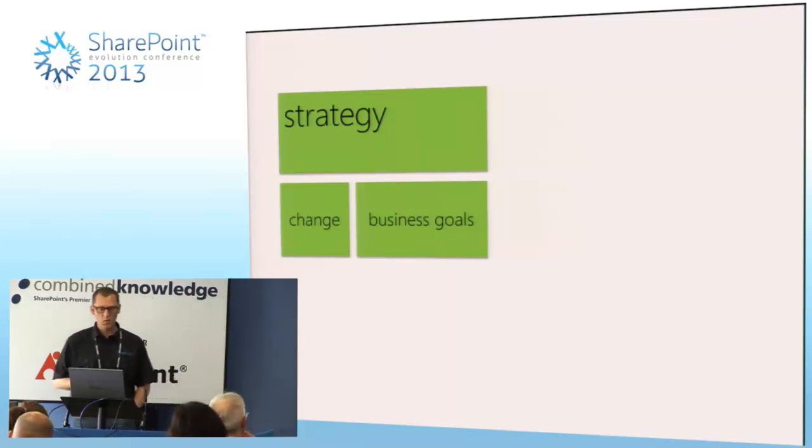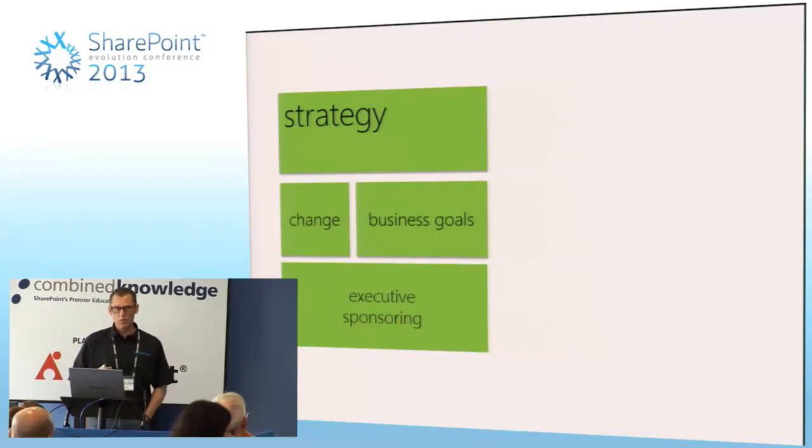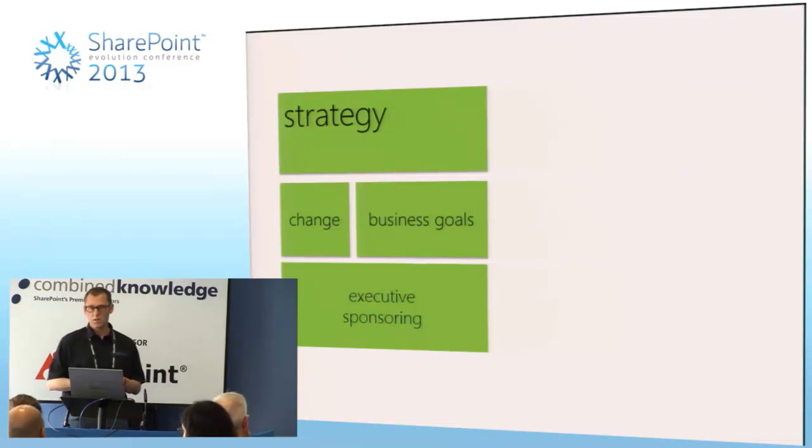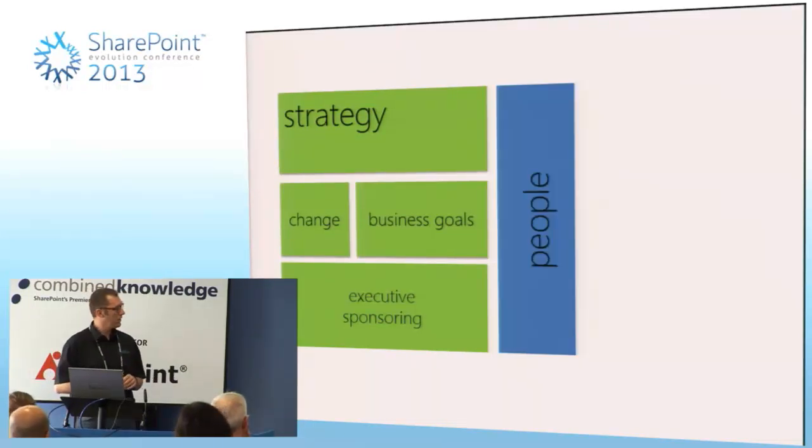It requires change in the way that people work. One really crucial thing is, of course, executive sponsoring. We've seen that in a lot of different sessions as well. If we are doing this from the bottom up and people are demanding this, but it's not being followed up by executive sponsoring, then chances are it's going to diminish, it's going to fail.